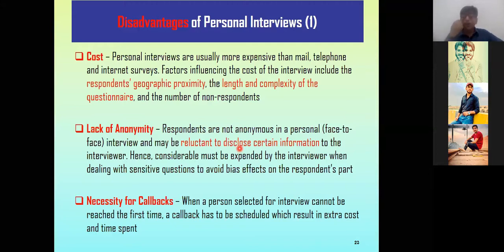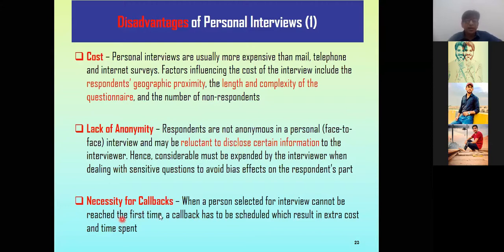For example, if you are asking your respondent which school of thought or religious sect you belong to, some people do not want to disclose this information. This may be a problem over there.